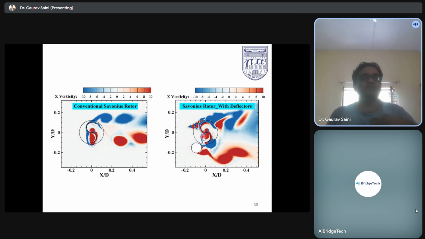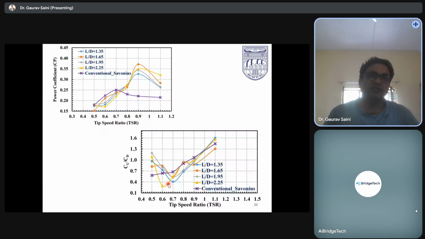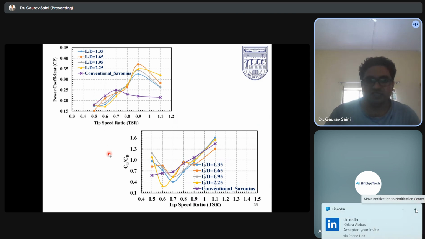That will help us get the maximum torque, because we are reducing the backward drag force on the returning side blades. So next, you can see this is the conventional turbine, which has about 0.25 power coefficient. But with the deflector system, we can achieve up to 0.35 or 0.36 power coefficient by utilizing this kind of deflector augmentation.